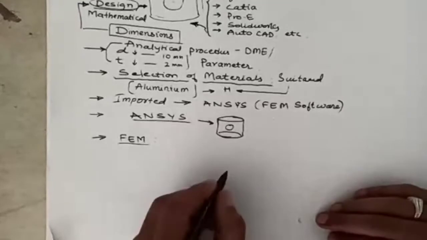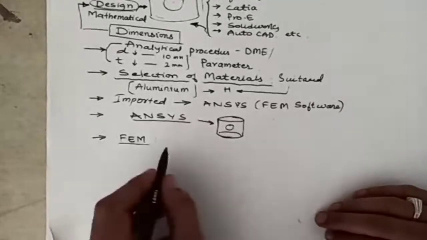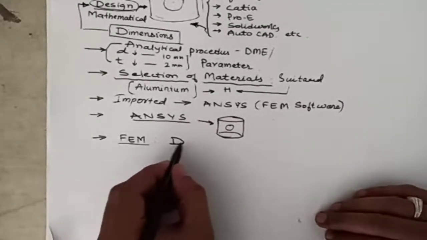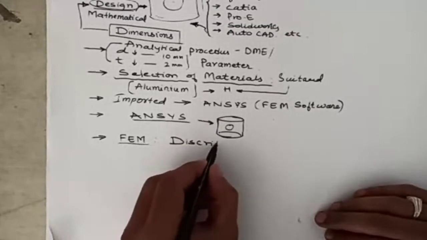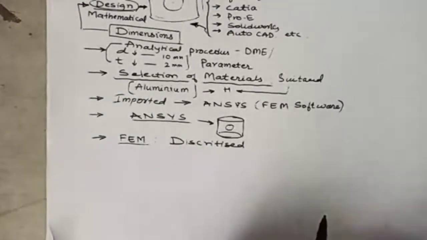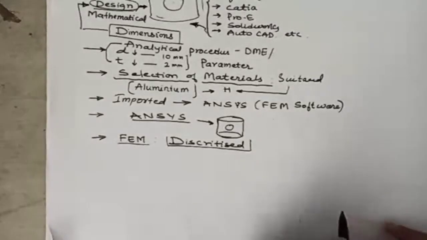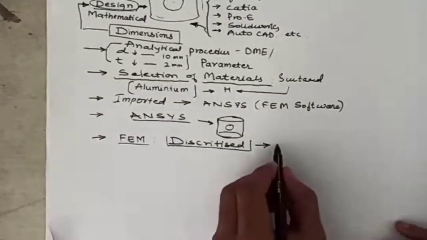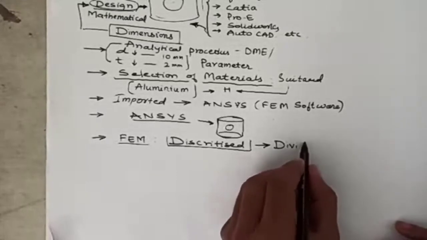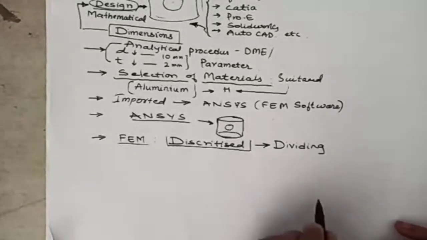So what will happen in the FEM? First, we will discretize. The term discretize I explained in the previous class also. Discretize is nothing but dividing the element.